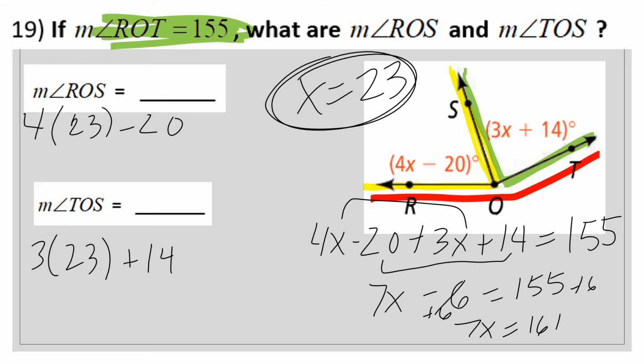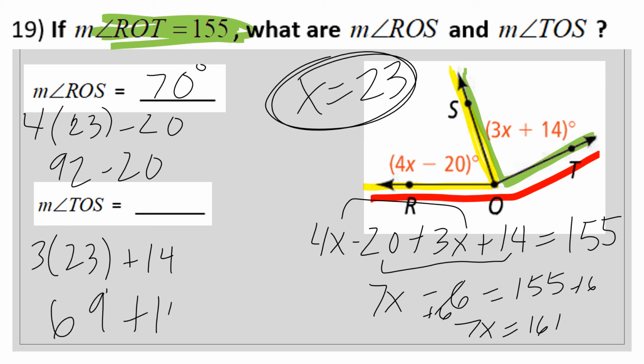So 4 times 23 is 92, and 92 minus 20 is 70 degrees. 3 times 23 is 69, and 69 plus 14 is 83 degrees.